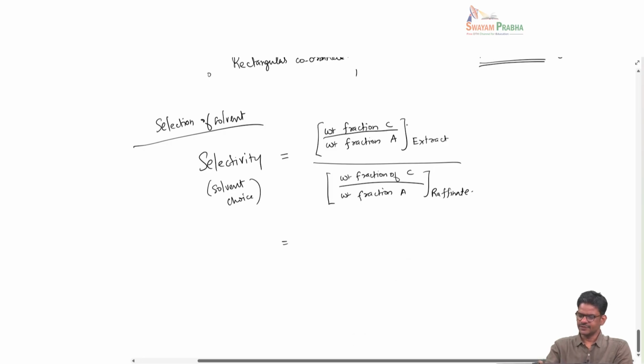The weight fraction of C in the extract we denote as Y_E, and the weight fraction of C in the raffinate we denote as X.